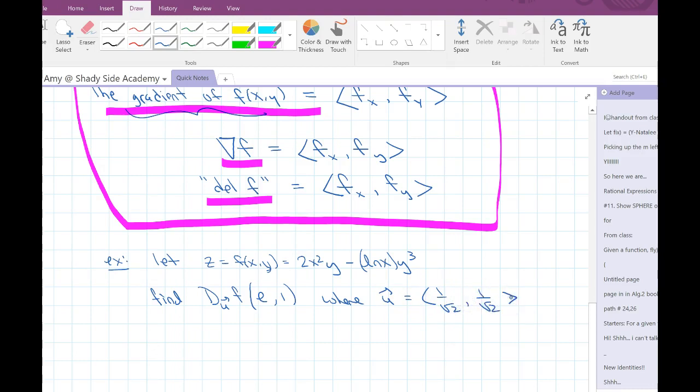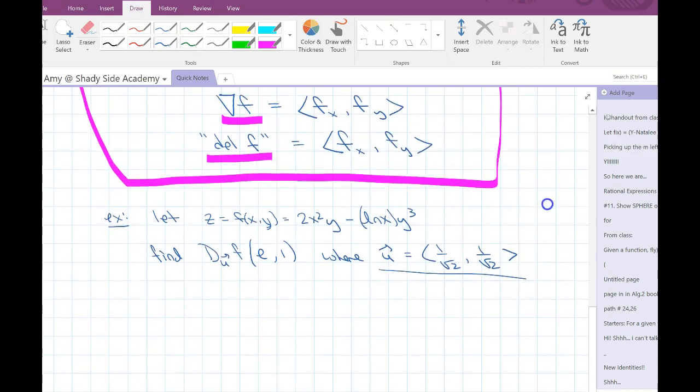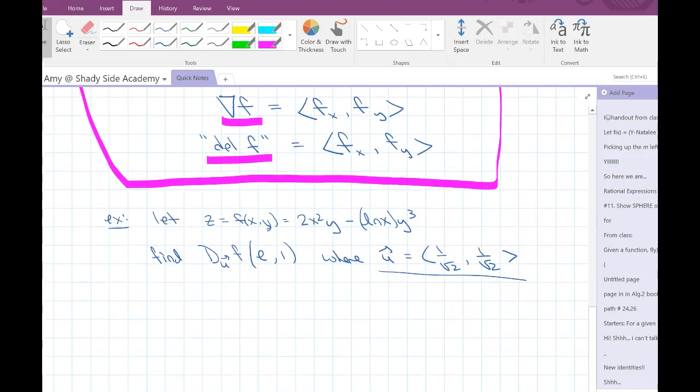Here I've actually given you a unit vector, so we don't have to unitize it. So let's do it with our newfound idea. The first thing I want to do here with you is let's just first find the general gradient vector del f at any point x comma y.